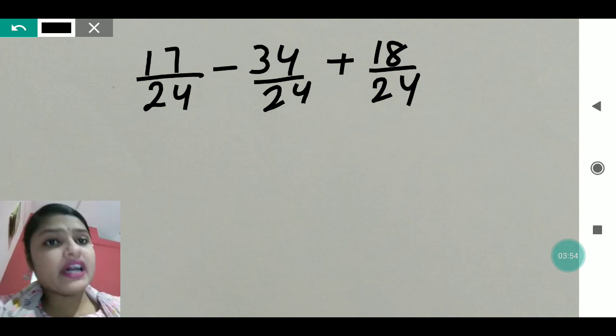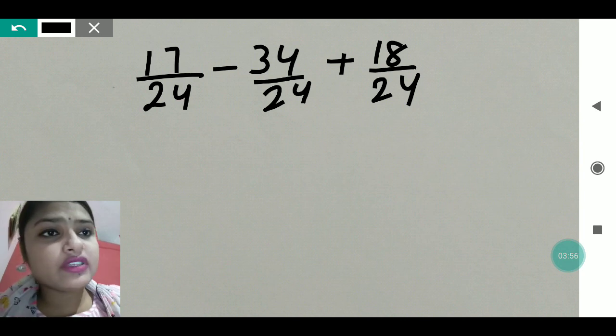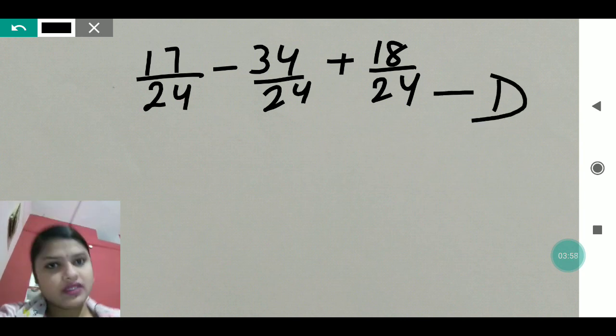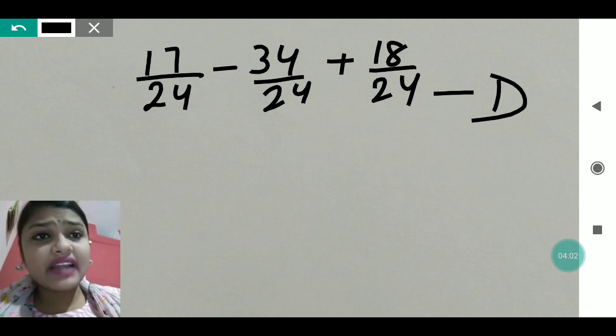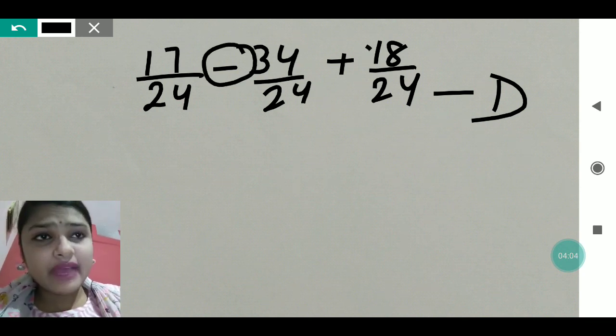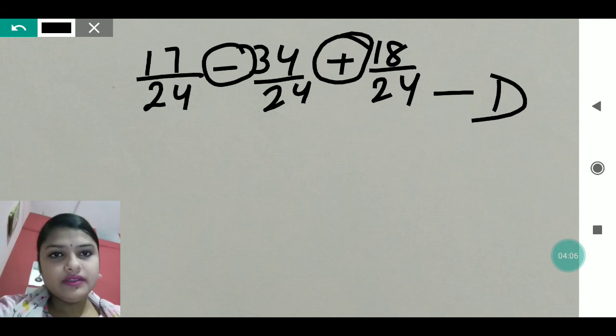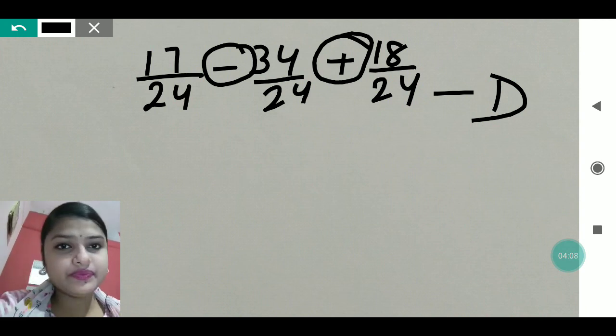But here the most important thing is we don't have to see only that denominators are common. We have to see what sign is there. Here minus, then here plus. What will you do in that case?